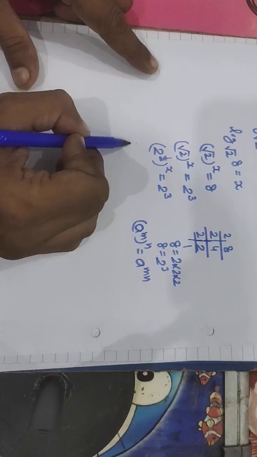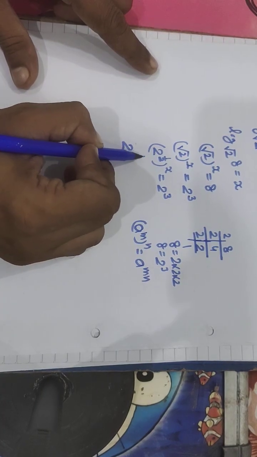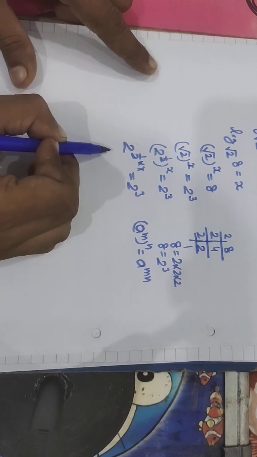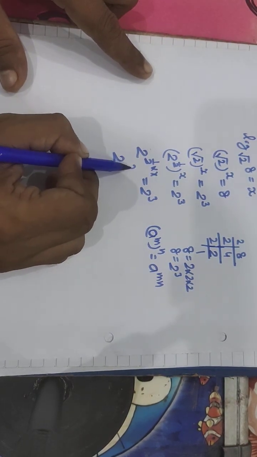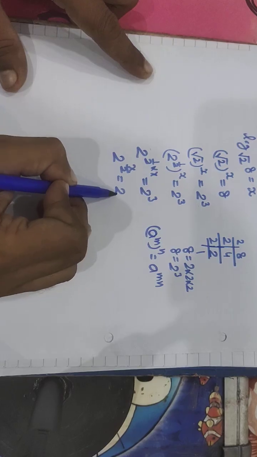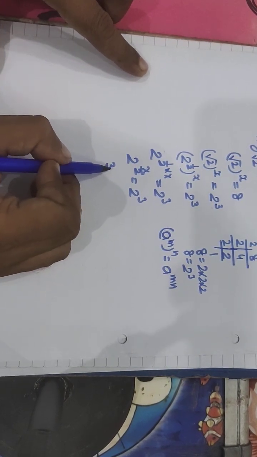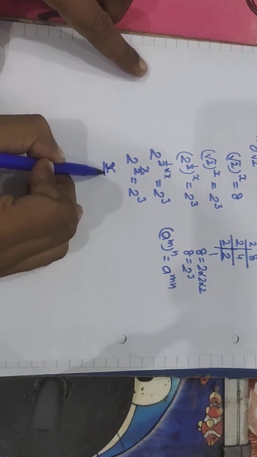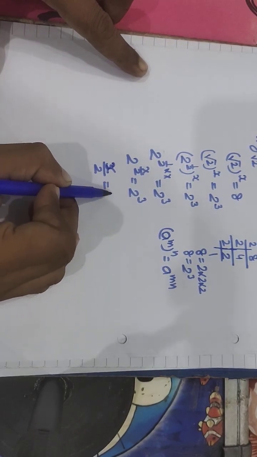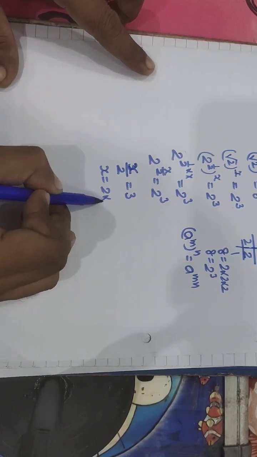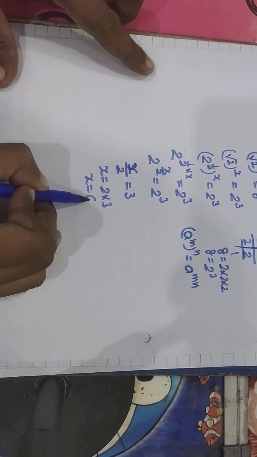Same thing happening here also. We can write half multiplied with the x, and here is 2 power 3. So it becomes x upon 2, and here is 2 power 3. Both bases are the same, so powers can be equated: x upon 2 equals 3. Here you can go with cross multiplication, 2 multiplied with 3, and you get x equals 6.